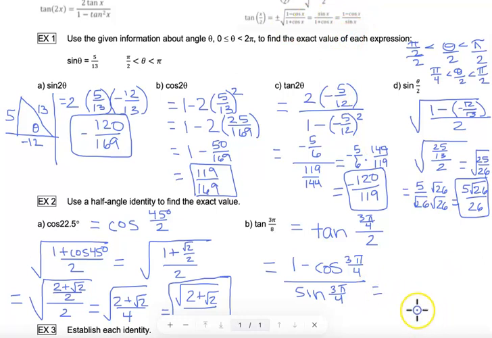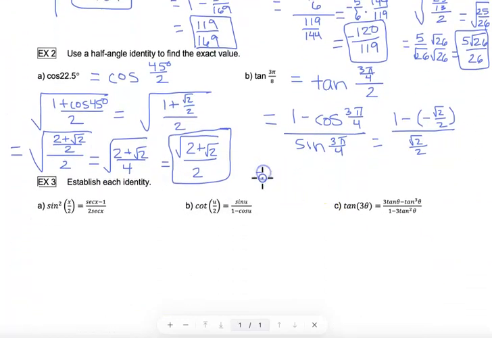3 pi over 4 is the 45-degree reference angle in quadrant 2. So in quadrant 2, cosine is negative. So this is going to be negative radical 2 over 2 that I plug in there. And sine is positive in quadrant 2. So this is just going to be plain radical 2 over 2.